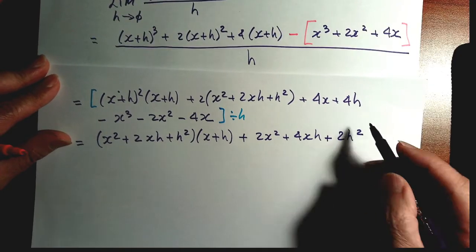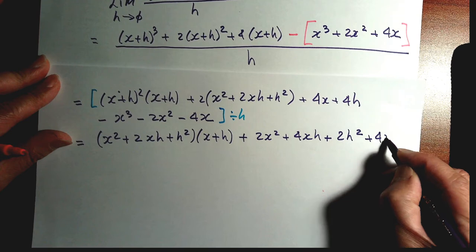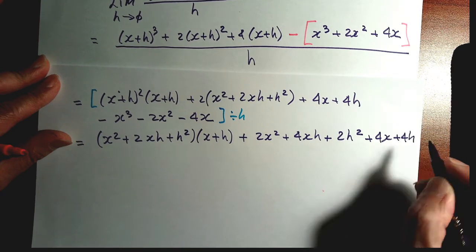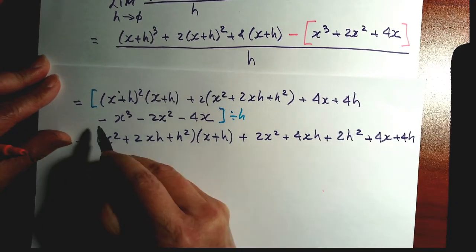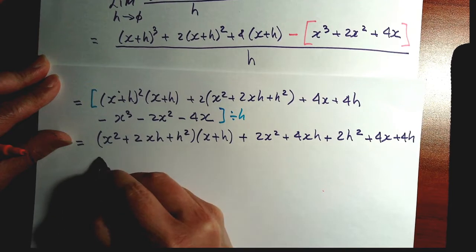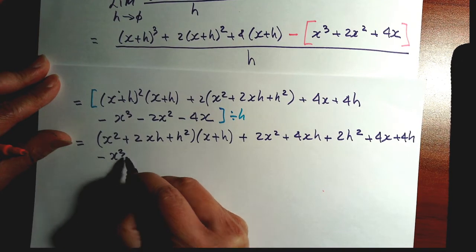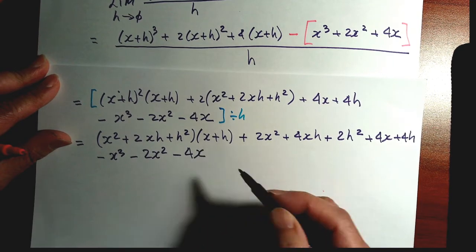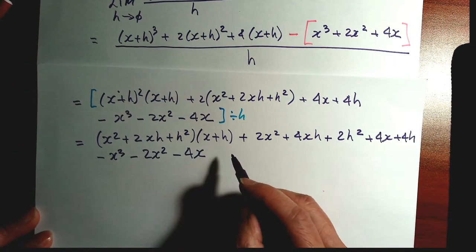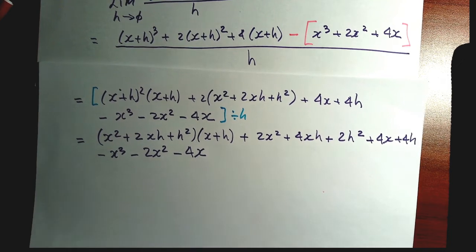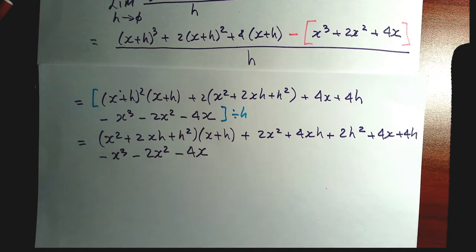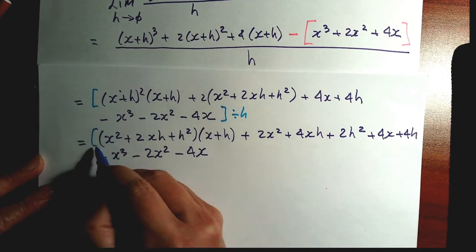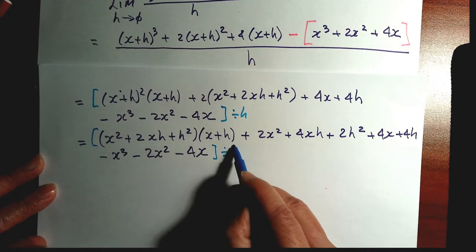Then 4x plus 4h, and then I'll just copy this down, minus x cubed minus 2x squared minus 4x. This whole expression is divided by h.